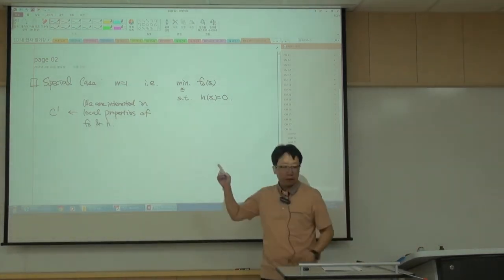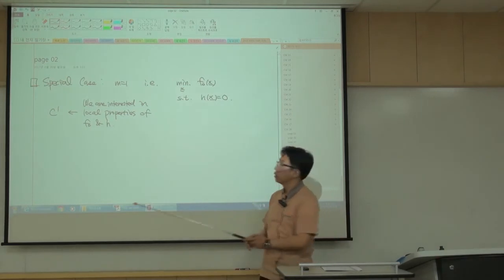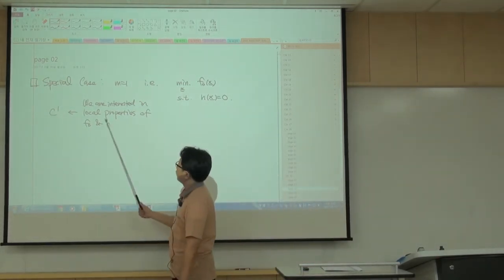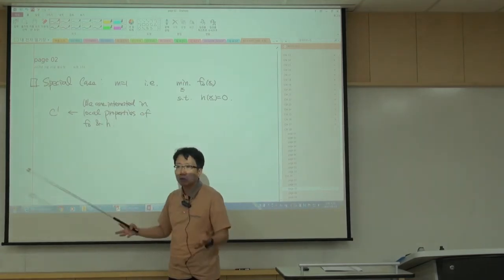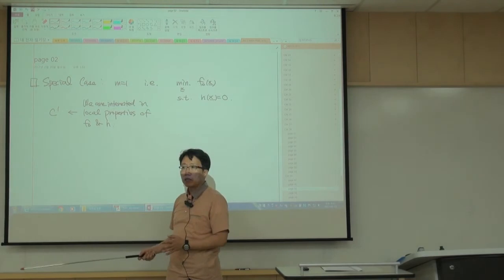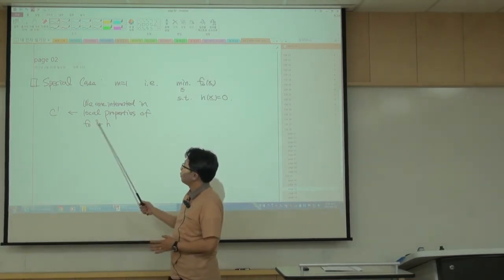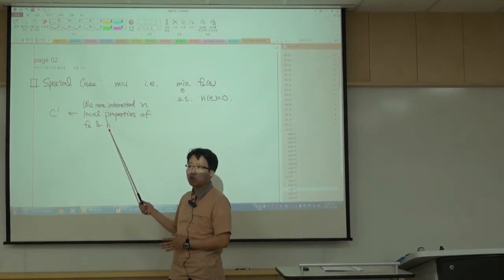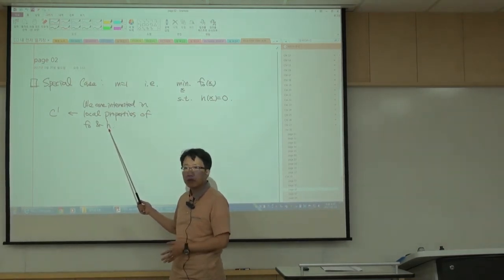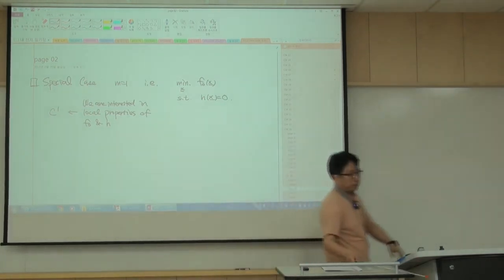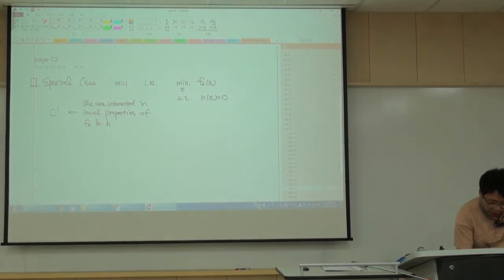When we have first order continuous differentiability, and if we have local property, what do we do? We approximate the involved functions by using Taylor series up to order 1. Got it? So the idea is like this.